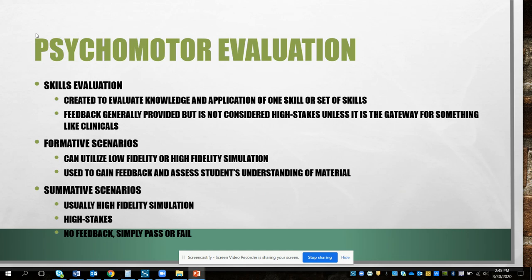Now let's look at some psychomotor evaluation. There are usually 3 things that we're utilizing here, and that is skills evaluations, formative, and summative scenarios. So skills evaluations are created to evaluate knowledge and application of one skill or set of skills. Again, this is really low stakes unless it is that gateway for clinicals. Like for my students, I outline that right at orientation.